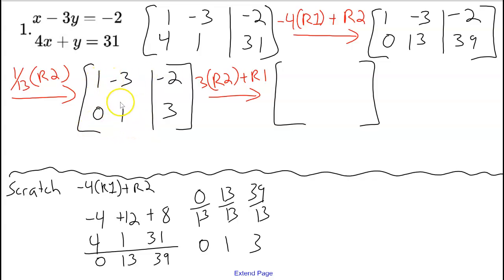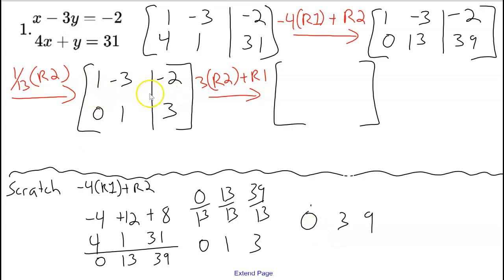So I can get a positive 3 to add with that and add it with row 1 and place it in row 1. So that's what I'm going to do. I got 3 times row 2. So 3 times 0 is 0. 3 times 1 is 3. And 3 times 3 is 9.